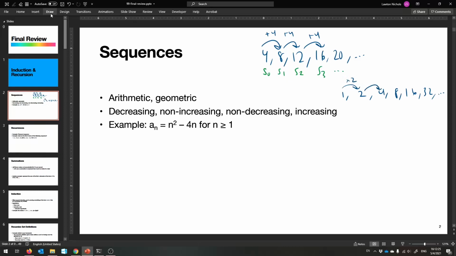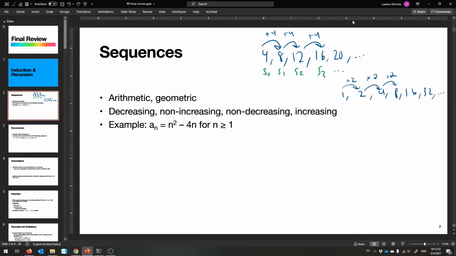So instead of plus some number, it's times some number. And it could be a fraction, or a negative number. The same goes for arithmetic sequences, where it could be minus, doesn't have to be plus. Times 2, times 2. So this is a geometric sequence, and everything is increasing by that factor. So that's sequence stuff.